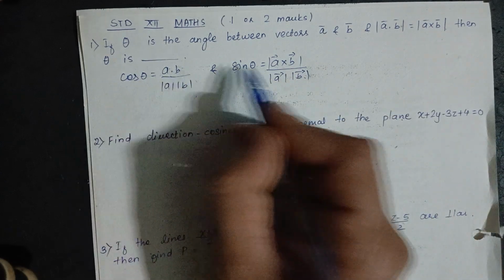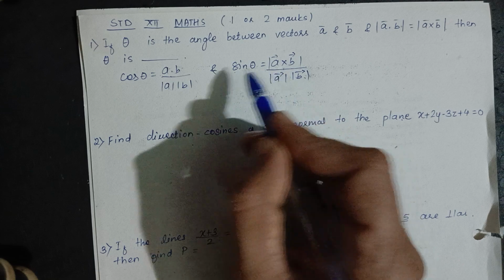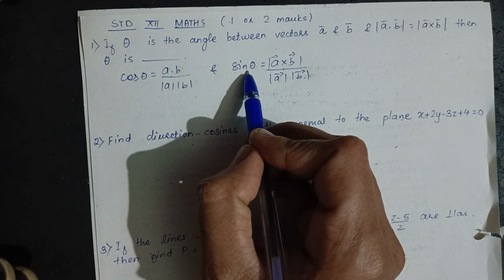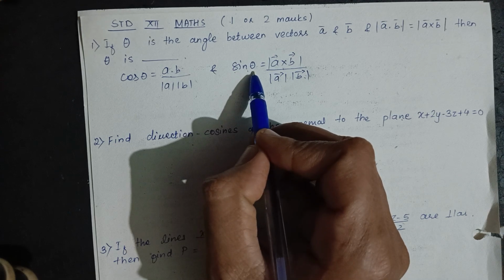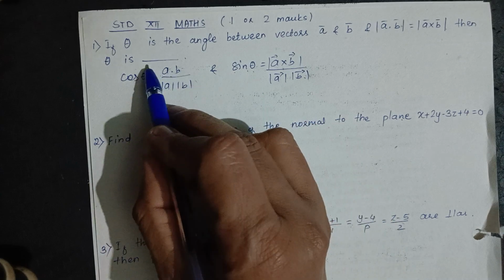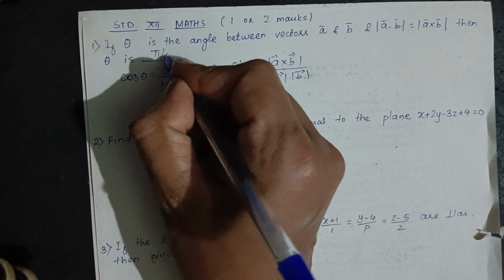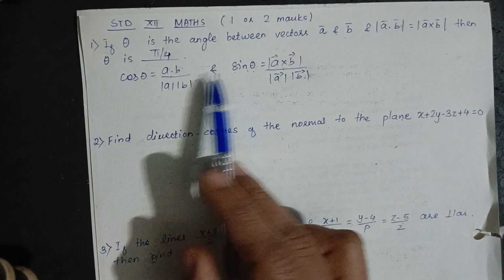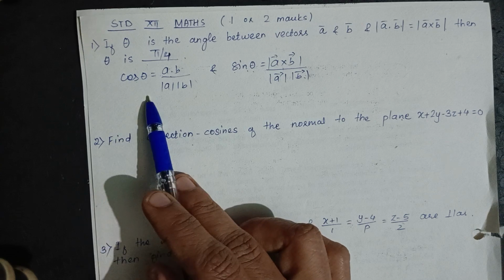Now these are equal, which means cos theta and sine theta are equal, and we know the angle theta for which cos theta and sine theta are equal is pi by 4, which is 45 degree. Sine theta is 1 upon root 2 and cos theta is 1 upon root 2.